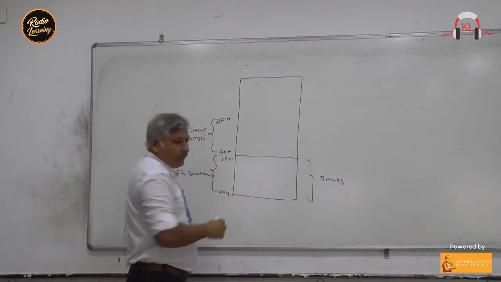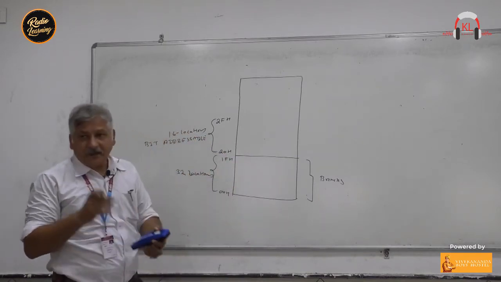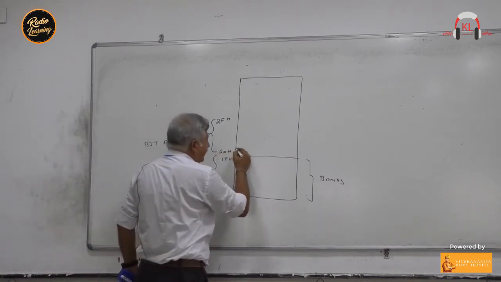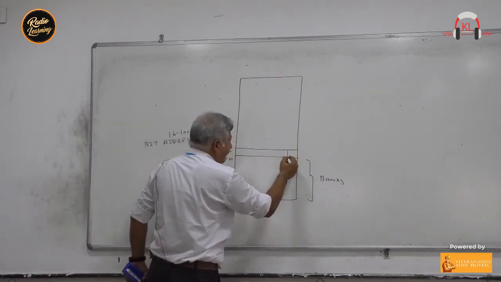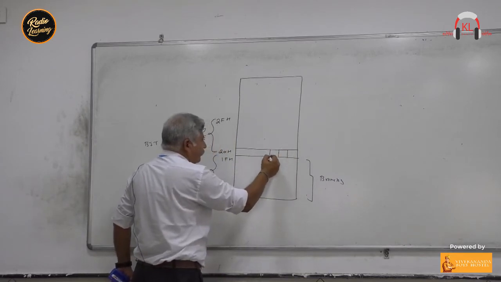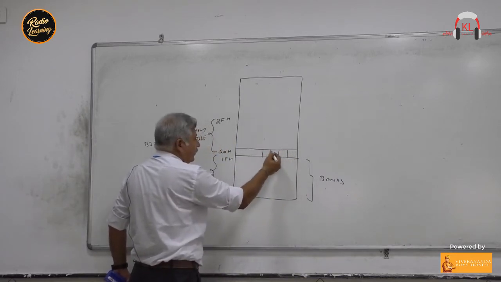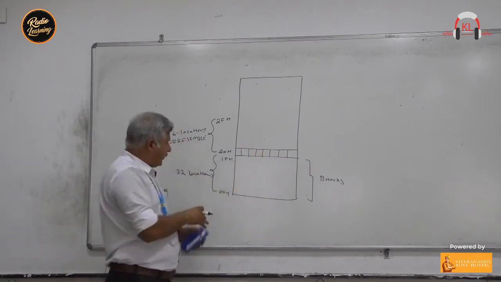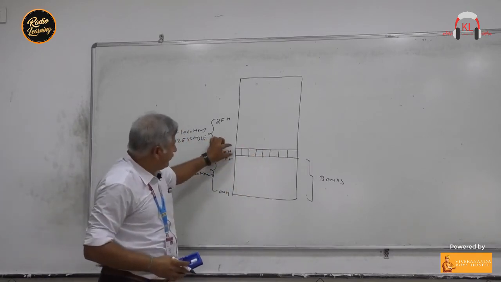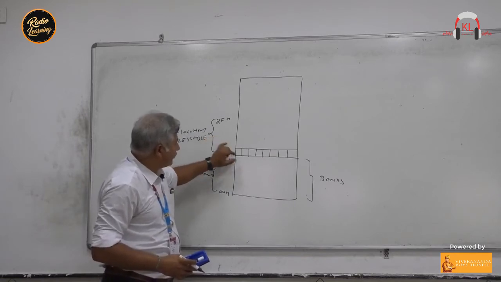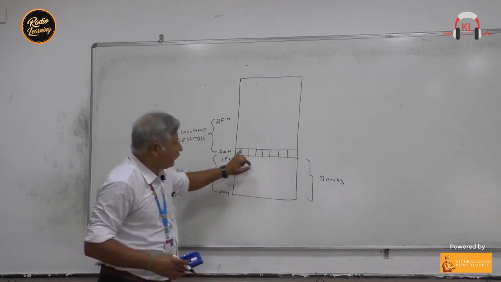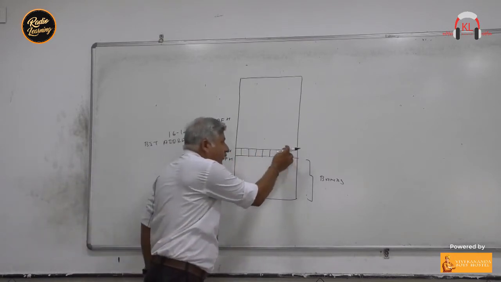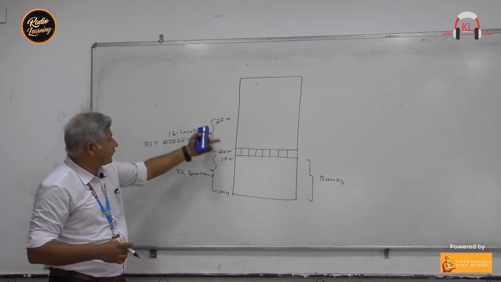The meaning of bit address is that you can access individual bits of these locations. For example, location number 20H. As I told you already, 8 bits you can store at this location: 1, 2, 3, 4, 5, 6, 7, 8. So at the 20H location, you have 8 places where you can store bits. And you can access the individual bits of these 16 locations also, right?